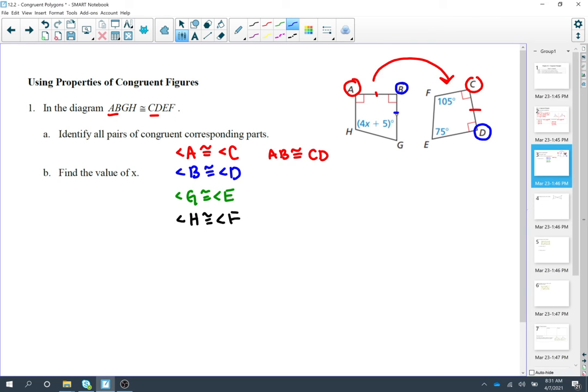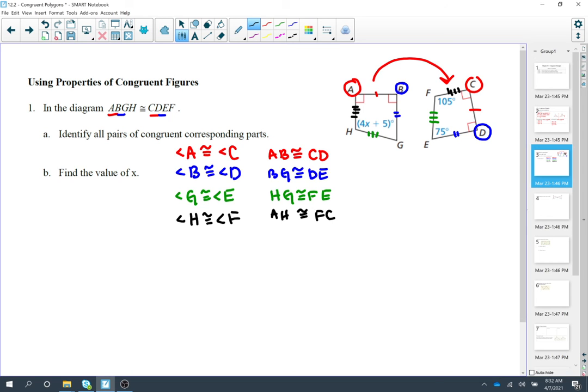Then I'm going to move on to BG, which is congruent to DE. Again, BG is the second two letters, DE is the second two letters. Then HG is congruent to FE. And then AH is congruent to FC.